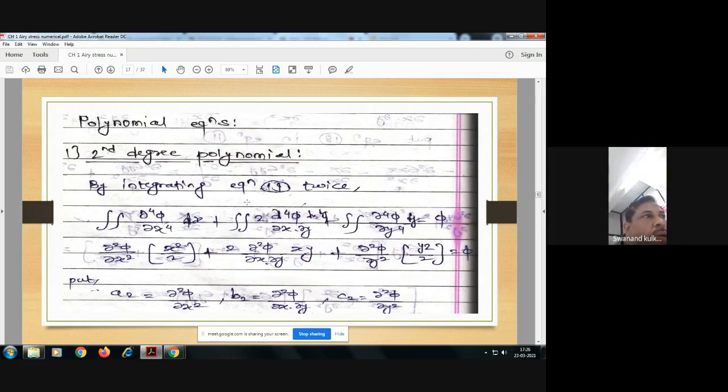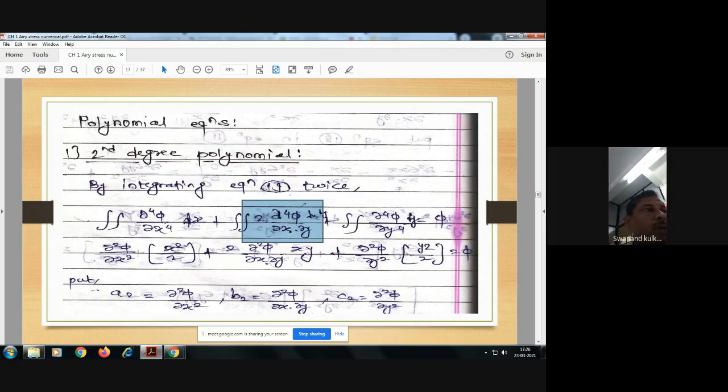Now if we go for the middle part, here we are getting the double integration of 2 times ∂⁴φ/∂x²∂y² with reference to dx and dy. So if we take the first integration here, if we consider only the first integration, then it becomes 2 times ∂⁴φ/∂x²∂y².